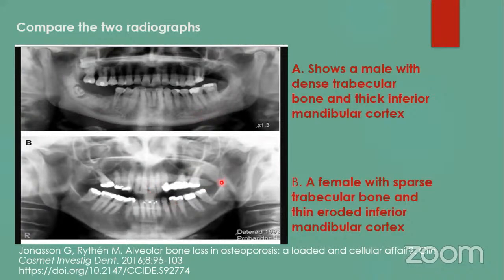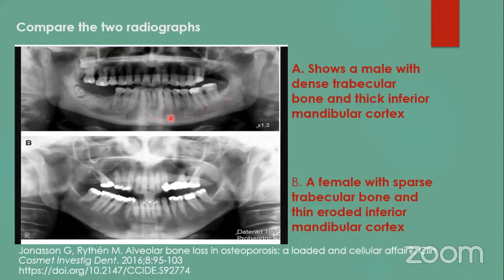If you compare with the lower image, this is a female who has a sparse trabecular bone and thin eroded inferior mandibular cortex. Looking at the trabecular bone, you can see it looks darker, more radiolucent, because it has more of the bone marrow than the trabecular bone. If you compare it with the top one, where we have more bone, you can see dense bone.